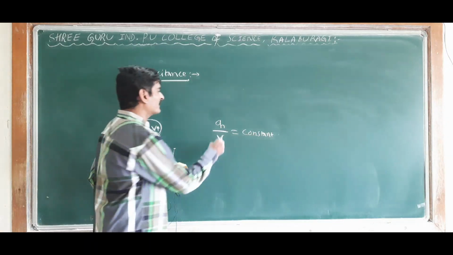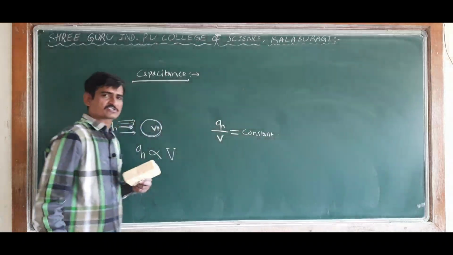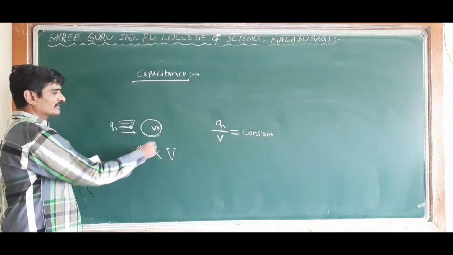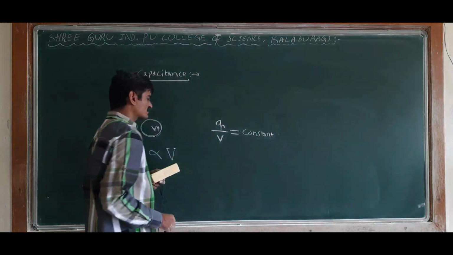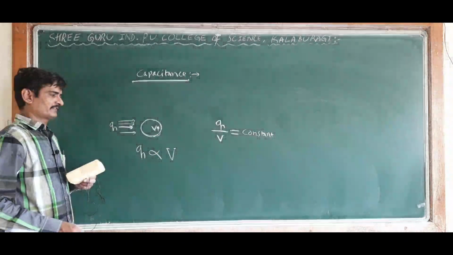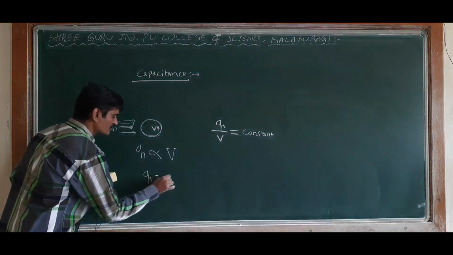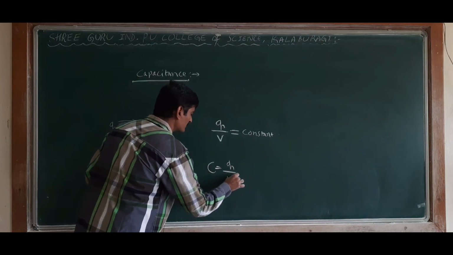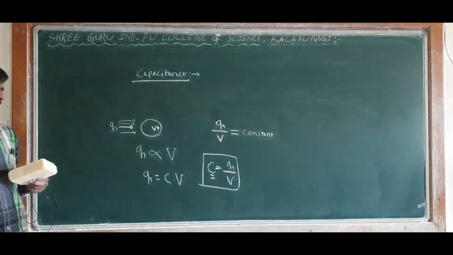But the ratio of charge to the potential is found to be a constant at any instant, and that constant we call capacitance. That is, Q is equal to C into V, or C is equal to Q divided by V, and this C is called the capacitance of a conductor.